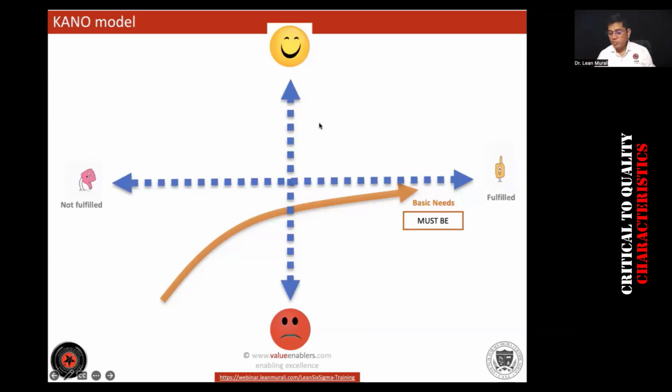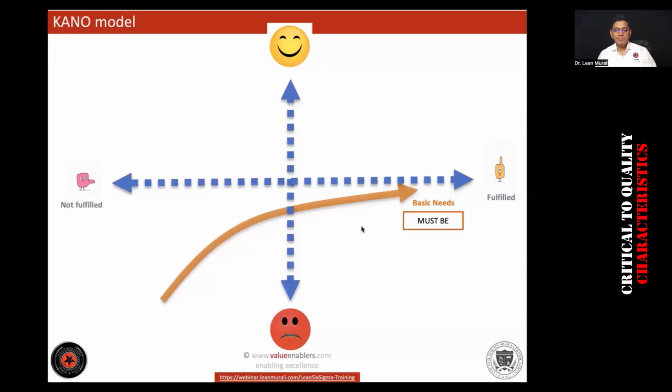He's not going to appreciate you. But if a basic need is not fulfilled, if you open the shower and the water doesn't come, would you call the reception or not? What would you do if the shower doesn't come? All of you put the fire symbol in the chat box.